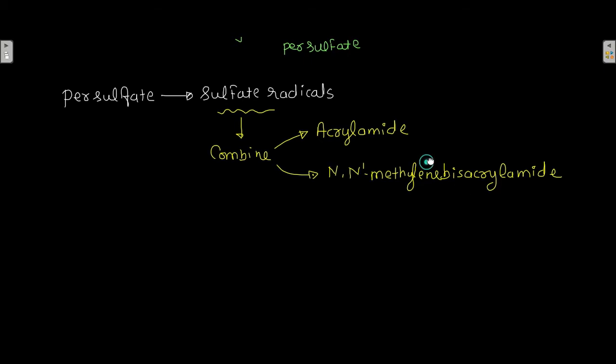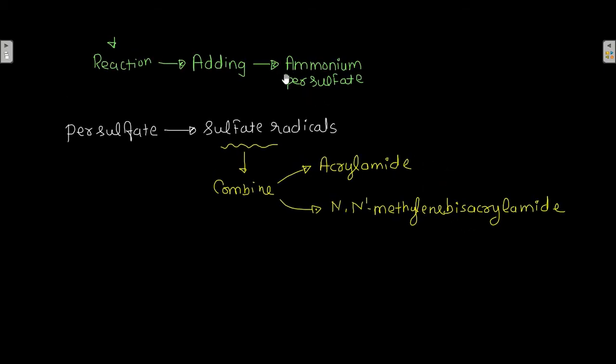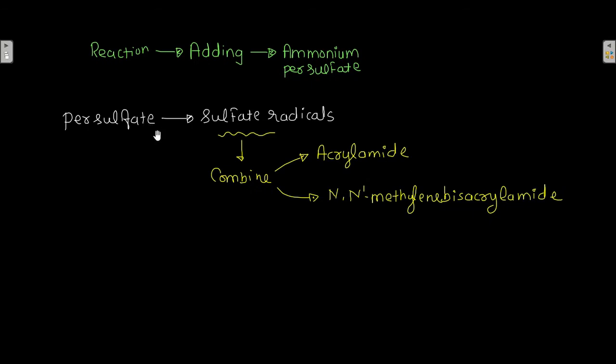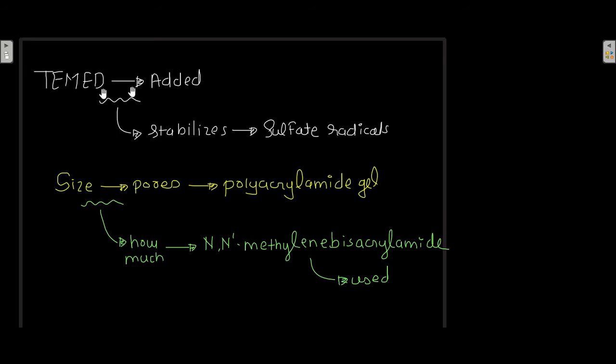So you add ammonium persulfate, it forms sulfate radicals, and the sulfate radicals combine the acrylamide with the methylene bis acrylamide. Now TEMED is also used as a reagent in this reaction, and it is added to stabilize the sulfate radicals. Okay, so the sulfate radicals are stabilized by TEMED.